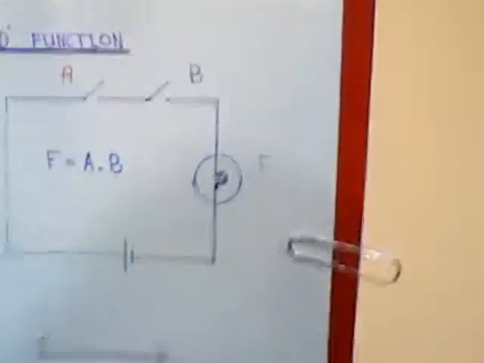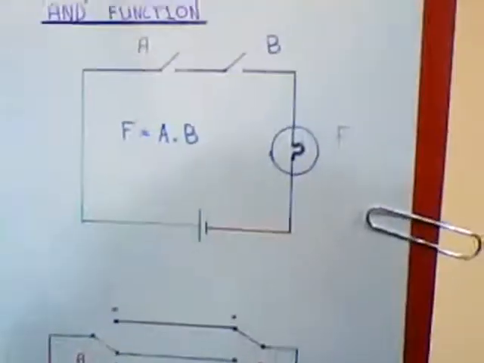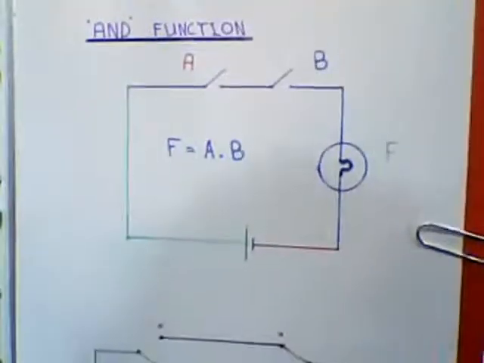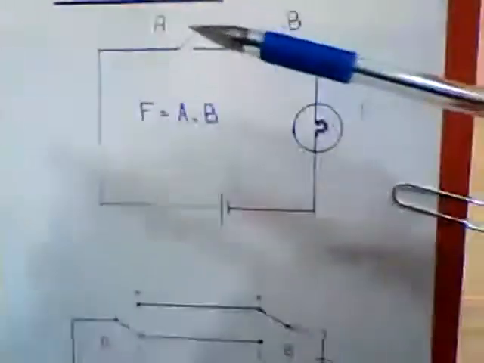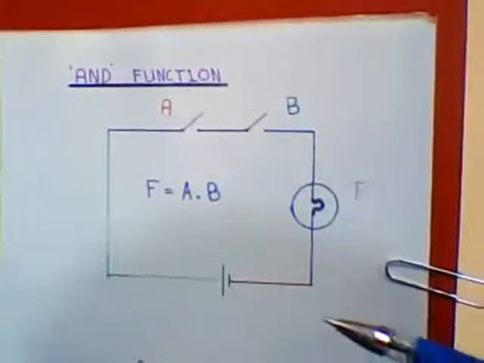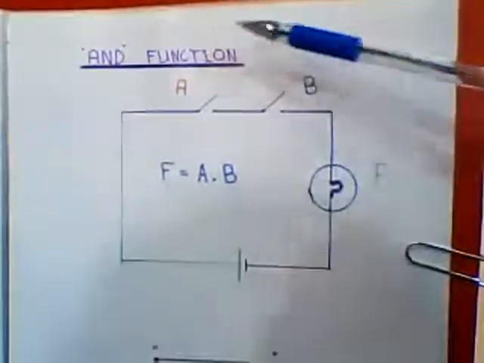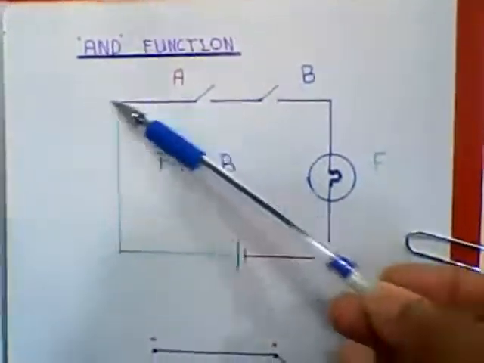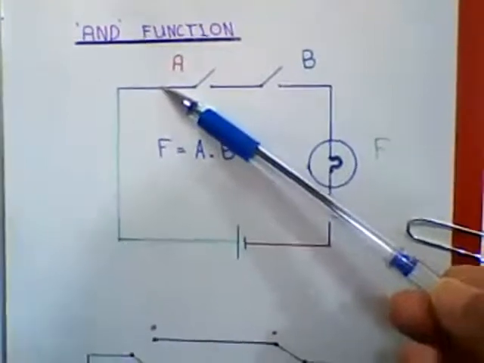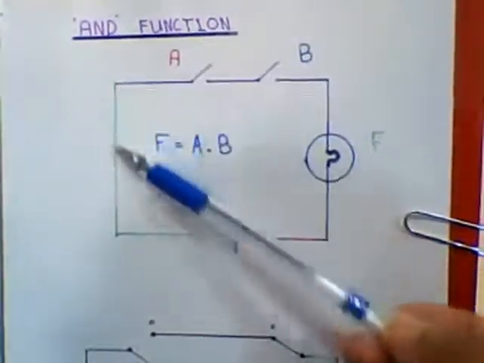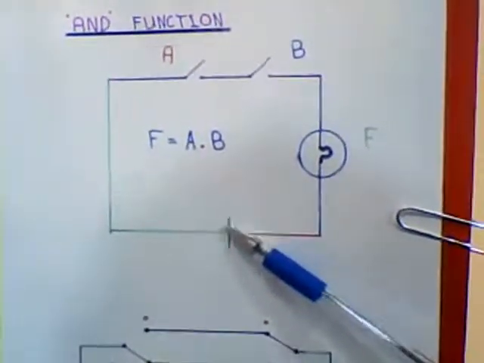Now, to get an idea of how this logic function works, let me just make sure I've got this in play. Okay, we get the AND function. Here I've used a simple switch system to show you the mechanics of this.